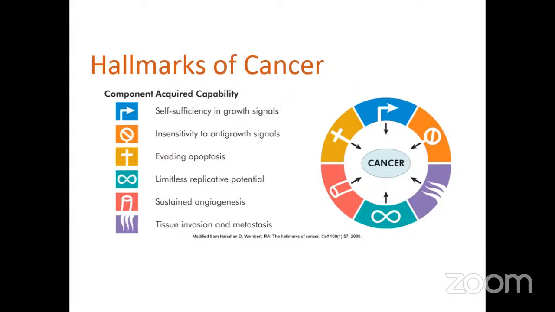Then sustained angiogenesis. So what is angiogenesis? It is the formation of blood vessels. Whenever it forms a tumor, it will secrete more and more vascular endothelial growth factor, which is an angiogenic factor. And there is some autocrine signaling. Normally we have endocrine, paracrine, and autocrine. Usually the factors are secreted from one type of cell and go to another cell type where they have receptors.